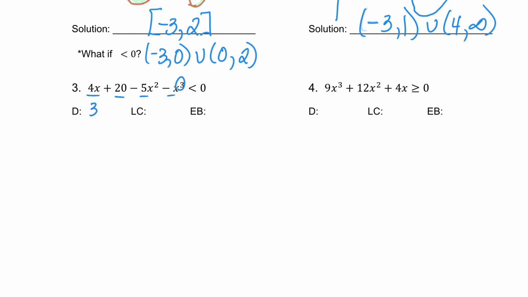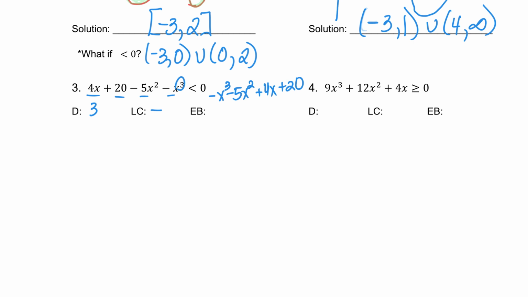The leading coefficient, you would actually want to rewrite this one in descending order. So I would do -x cubed minus 5x squared plus 4x plus 20. Okay, so my leading coefficient is actually negative. It's -1. Okay, and it's an odd power.